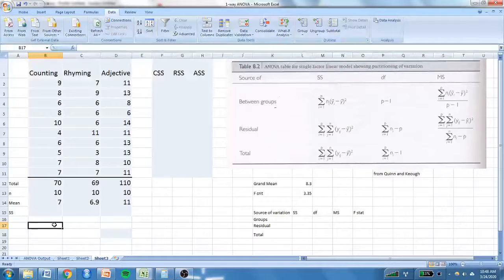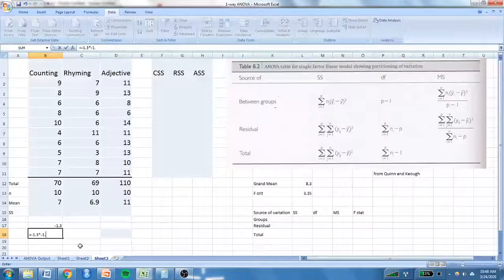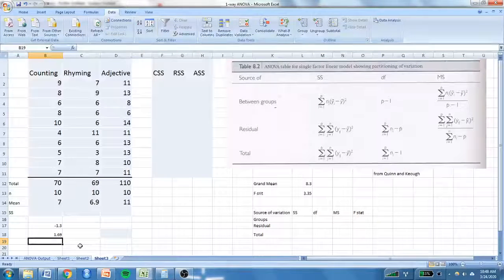So the group mean here is 7. So we've got 7 minus the grand mean, which is 8.3. I'm going to do this in a few different rows. So here, and then we need to square that, negative 1.3. And then we're going to multiply by the number of observations in this group, which is 10. So that will give us 16.9 here.